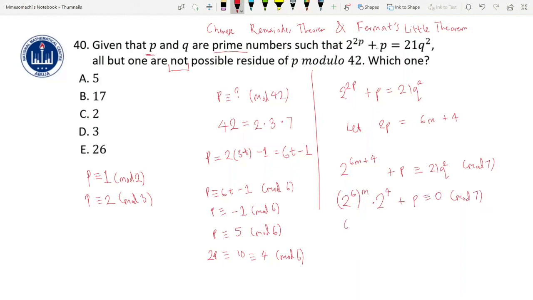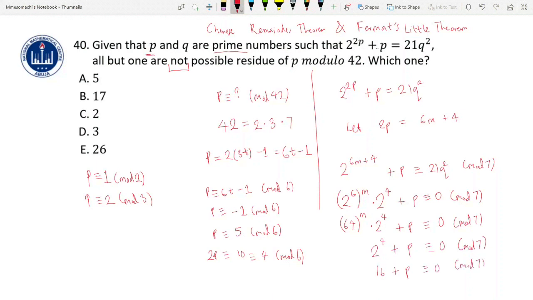And 2 raised to the power 6 is 64, raised to the power m, times 2 raised to the power 4, plus P, congruent to 0 mod 7.